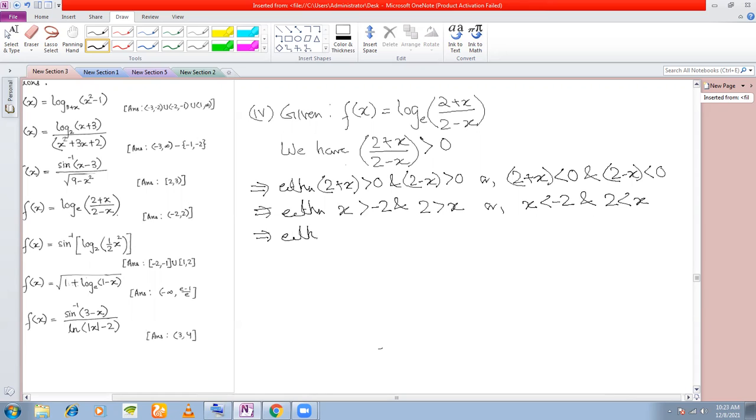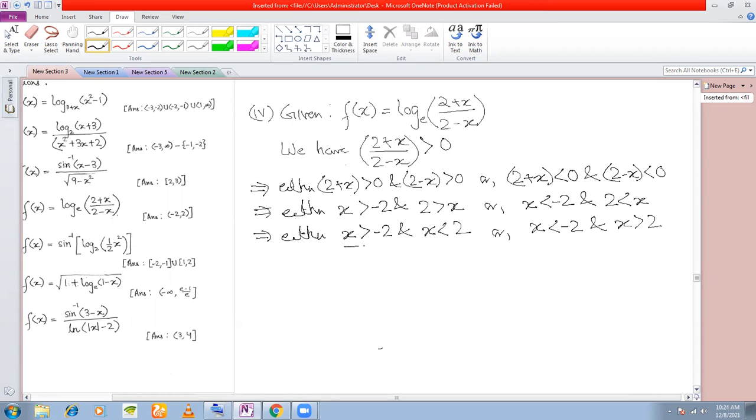So you can have either x is greater than minus 2 and now if you just interchange the left hand side and the right hand side, then the inequality sign reverses. So x less than 2, or x less than minus 2, and again interchange the left and the right hand side, so you get x greater than 2. Okay.